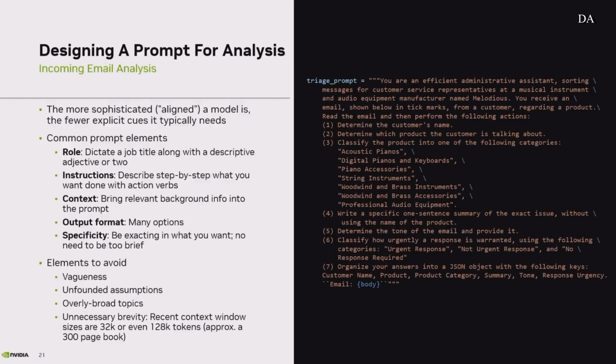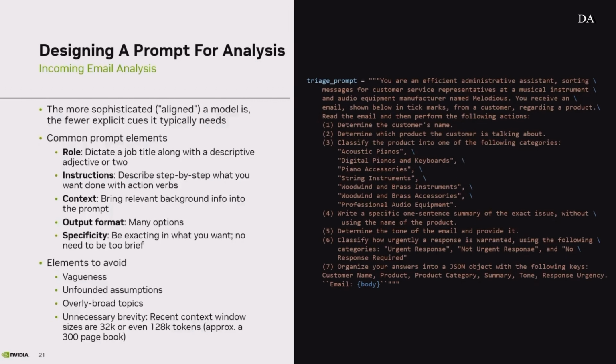Now, some of those prompt elements that you should consider going in your prompt would contain role, so dictate a job along with a descriptive adjective or 2, and we can see that's an efficient administrative assistant. Instructions, that's step by step what you want done. You can use action verbs to make this better: determine, classify, write a 1-sentence summary, organize your answers.